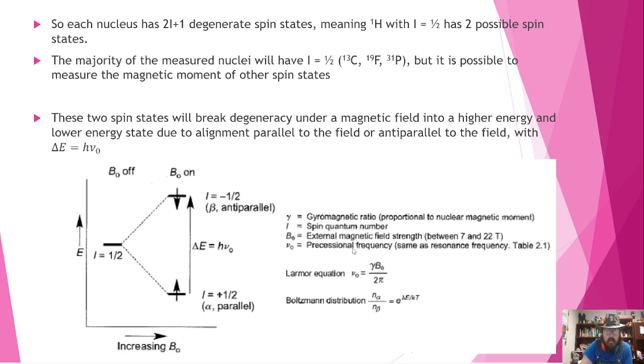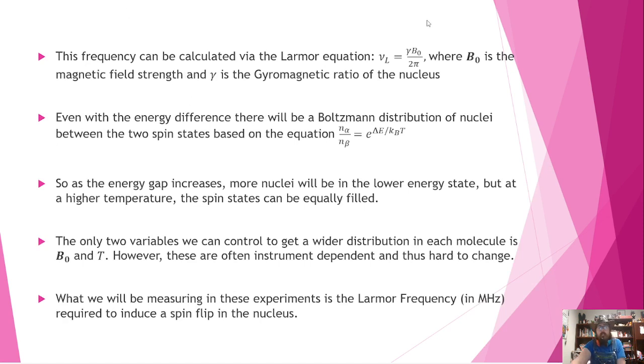There's a frequency related to this, where we can excite them up from one spin state to the other, where it has to do with the gyromagnetic ratio of the nucleus, times B sub 0, which is the magnetic field strength, over 2 pi, which is of course a constant.